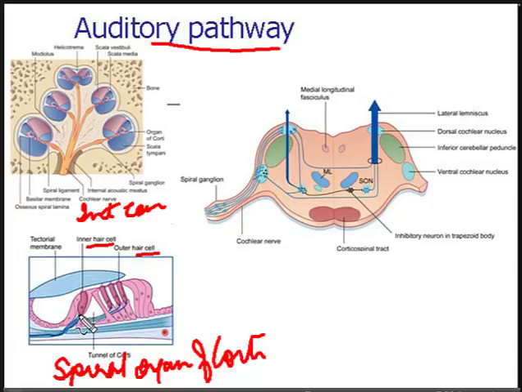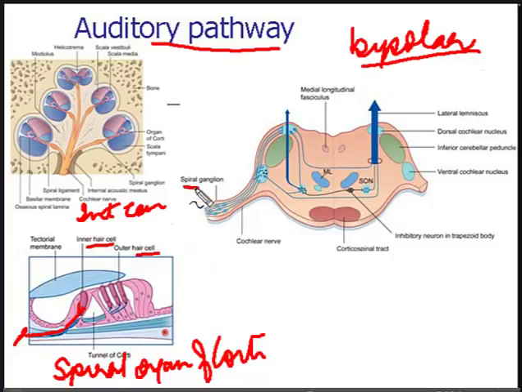These hair cells receive the peripheral processes of bipolar neurons. This is a special pathway, so the neurons here are bipolar. They are not pseudo-unipolar. So the one process is present here, which relays on this receptor, and then this will come out, and it will have its cell body in the spiral ganglion, which is this, and the second process is the one which will travel out this way.